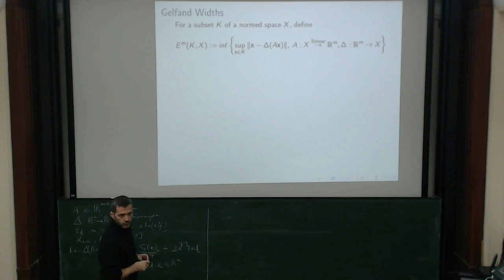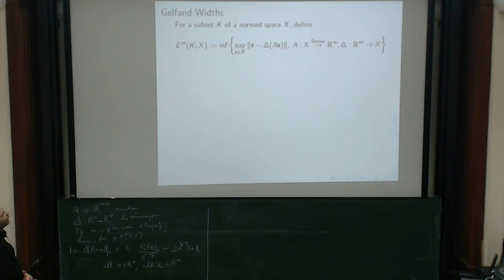So what we're trying to do here, right? So we don't impose anything on the measurement and reconstruction maps, but we say what is the best we can, or the worst we can do over class K for the reconstruction error, right? If I measure X, and then I applied a reconstruction map, how does this reconstruction error behave?